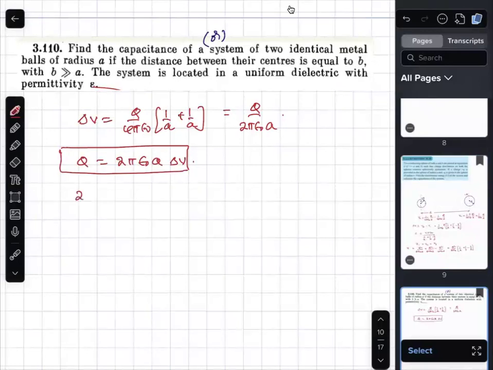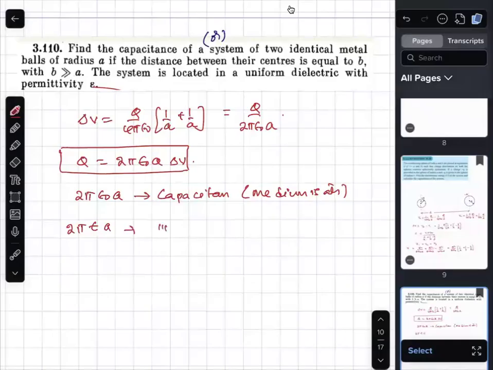So therefore, that 2 pi epsilon naught A is the capacitance if the medium is air. Otherwise, I would have written 2 pi epsilon naught epsilon A as the capacitance. That is Irodov's question. Any doubt in this?